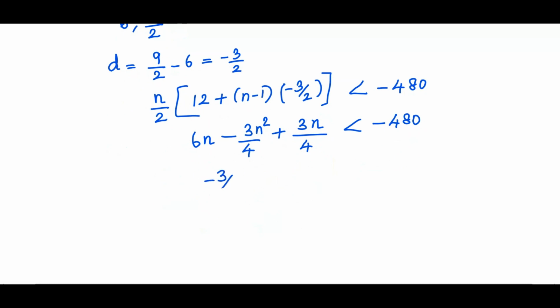So negative 3 over 4 n squared, and adding the n terms 6n and 3n over 4, we will get 27n divided by 4, which is less than negative 480, or we can write plus 480 as less than 0.